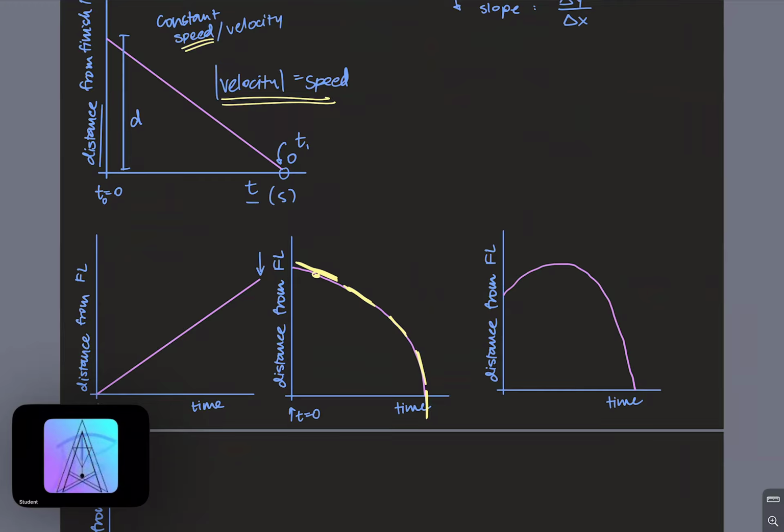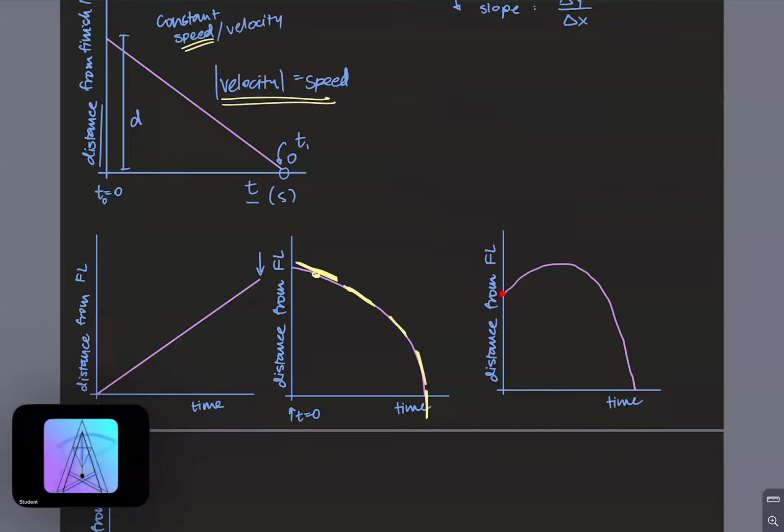Okay. So it is away from the finish line, and I'm not sure, but is it again going away from the finish line and then coming towards the finish line? Is it something like that? Yes, that's exactly correct.